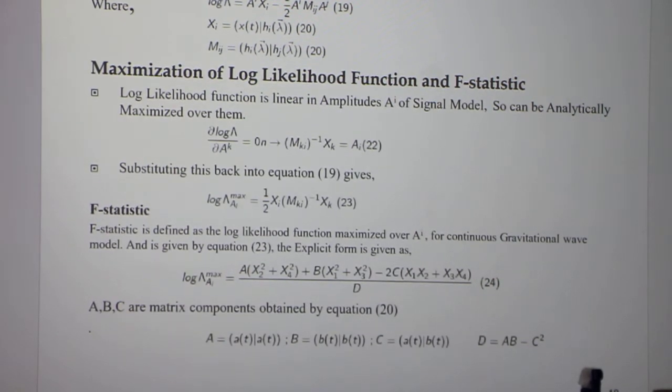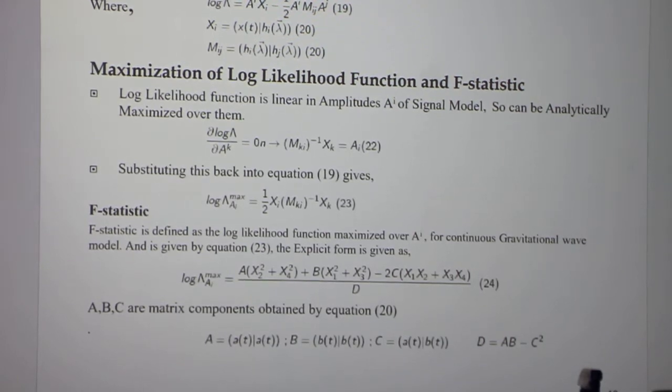This is a maximized version, and if we substitute this back into our equation 19, we basically get the version of the log likelihood maximized over amplitudes A_i. This is what we call the F statistic. This is the F statistic.